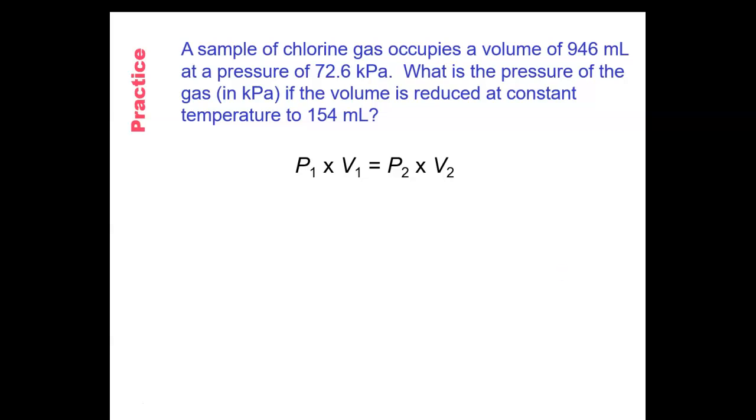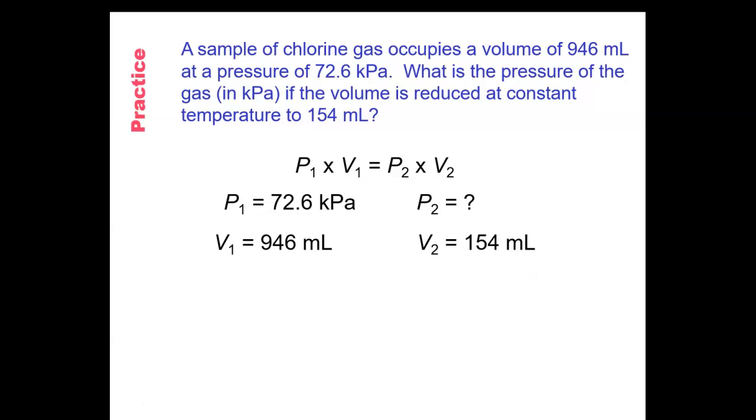So here's our usable P times V equals a constant. And we have a pressure of 72.6 kPa, volume is 946 milliliters. To start with, we're looking for P2, and we know that V2 is 154 milliliters. The first thing you do is you solve for your question mark. Solve how many kPa?